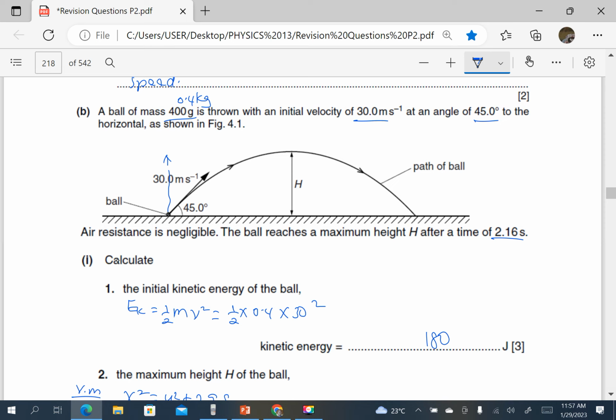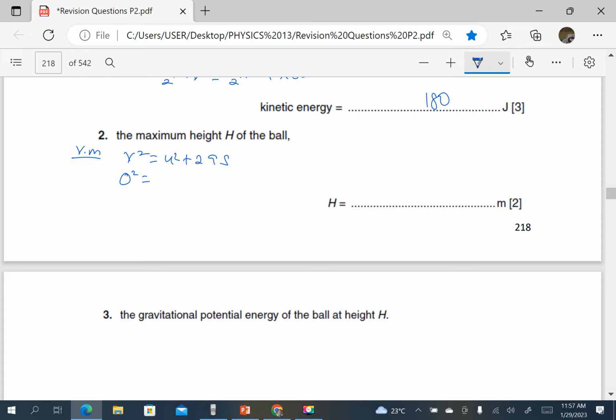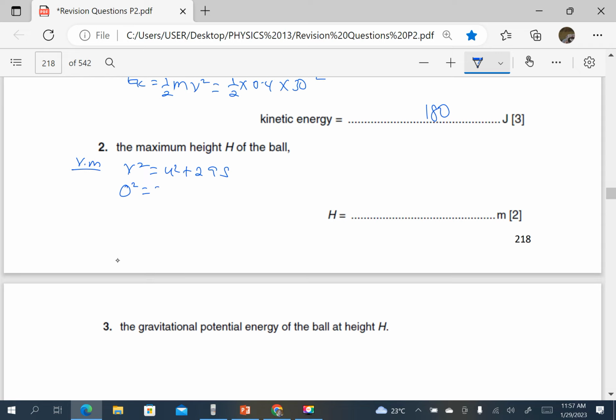V in the vertical is going to be 30 sine of 45, and v in the horizontal is going to be 30 cos of 45. Because it is moving against gravity, acceleration will be negative, 2 times 9.81, then times the height h.